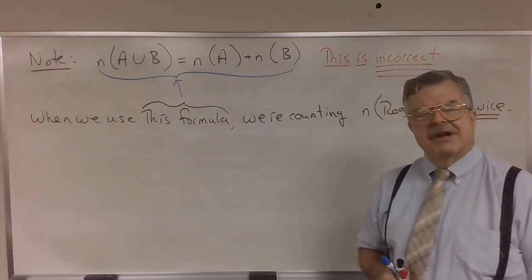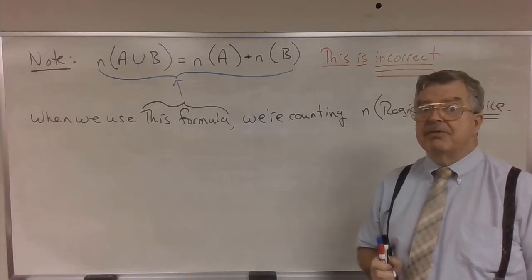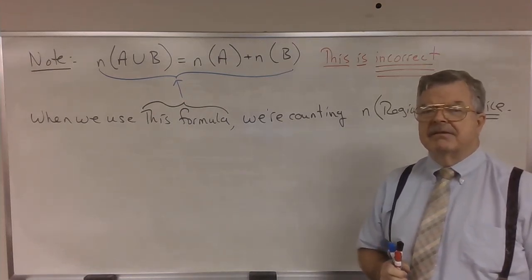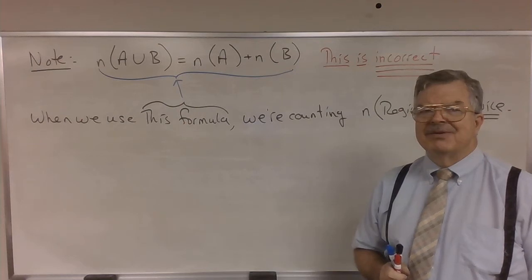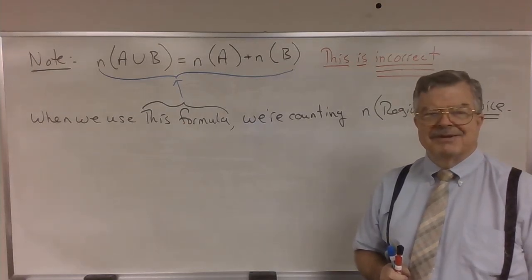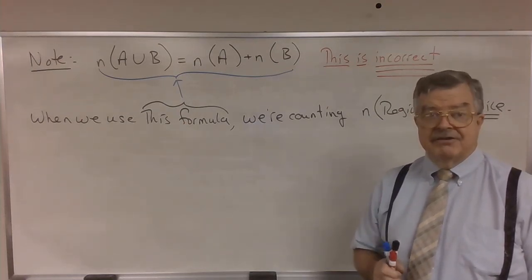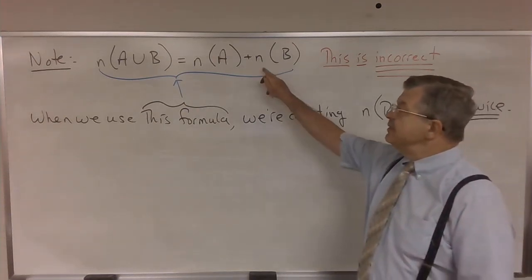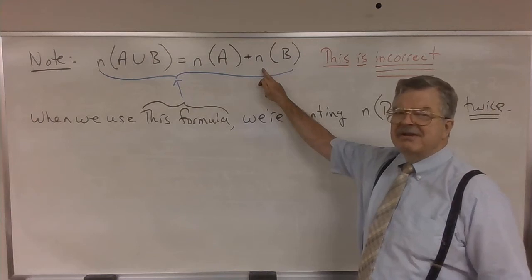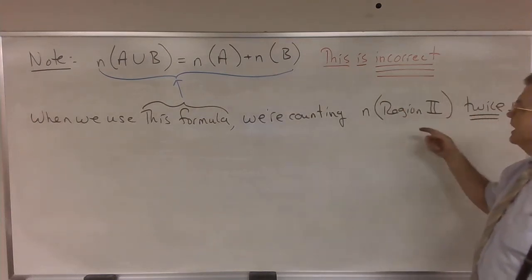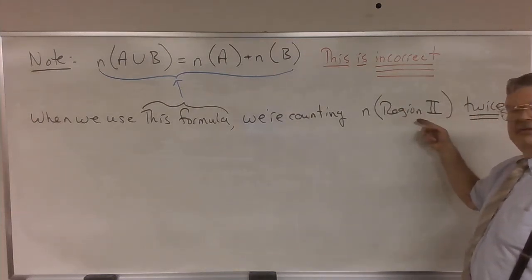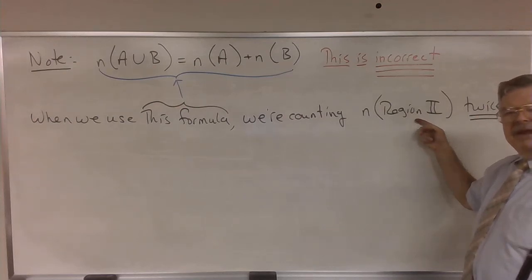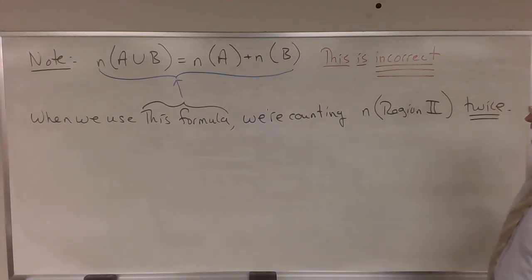Region 2 is the set of elements that are contained both in A and in B. But region 2 is the intersection of sets A and B, isn't it? So when we use this incorrect formula, we're counting the number of elements in the intersection of A and B twice.